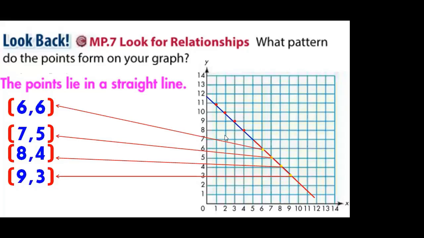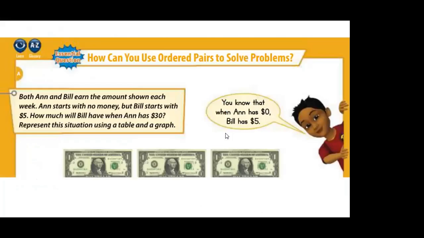Okay, my dear. Essential question: How can you use ordered pairs to solve problems? Both Ann and Bill earn the amount shown each week. Ann starts with no money, but Bill starts with $5. How much will Bill have when Ann has $30? Represent this situation using a table and a graph.